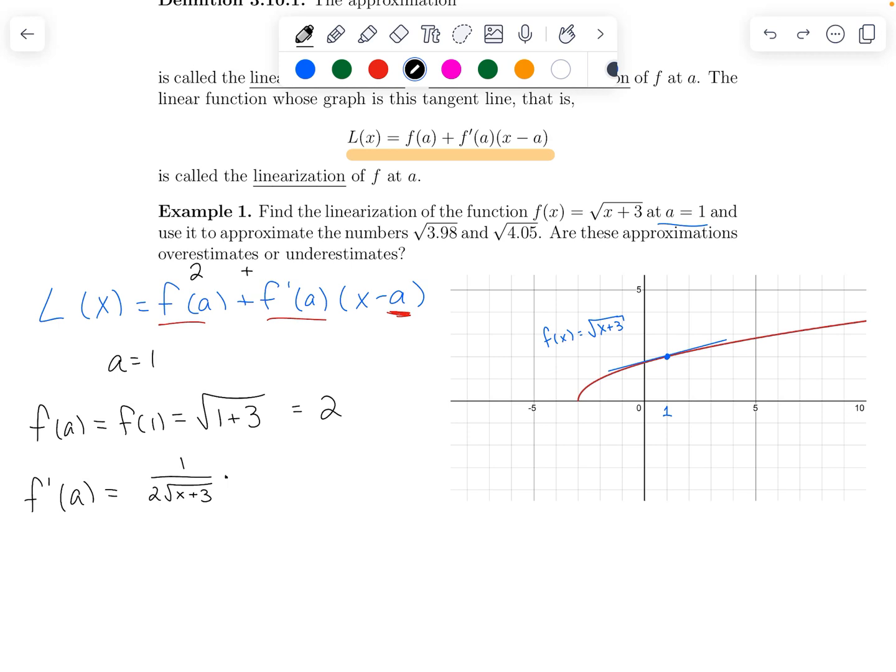So if I want f prime of 1, that's 1 over 2 times root 1 plus 3, which is 1/4.